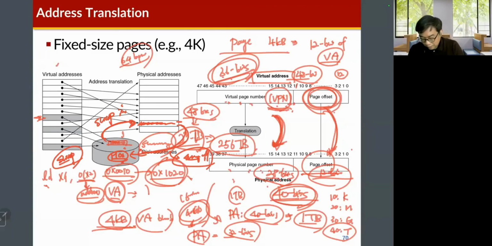So data is swapped into the main memory, the translation information is updated, and then with the updated translation, we access the main memory with the updated physical address.